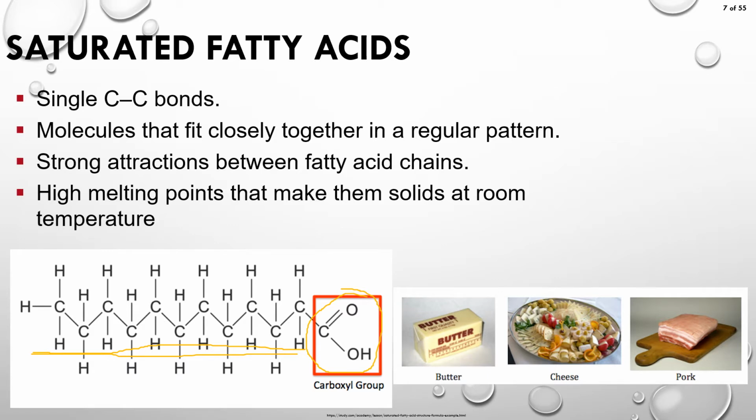It has strong attractions between fatty acid chains, and they have high melting points because the attraction between the chains is strong. So they have high melting points that make them solids at room temperature. At 30 degrees Celsius, they exist as solid, just like butter.